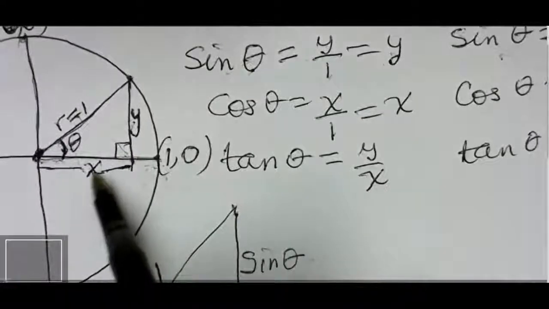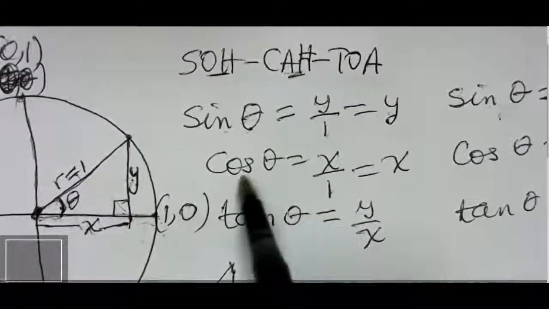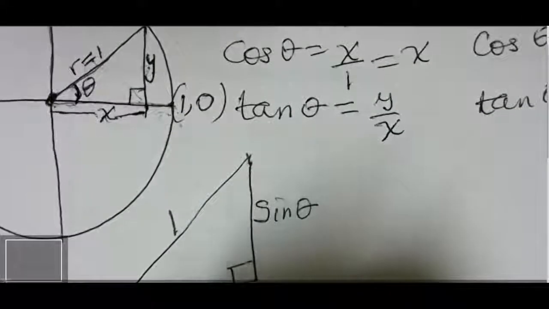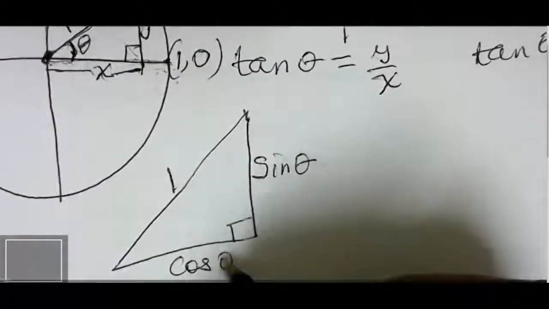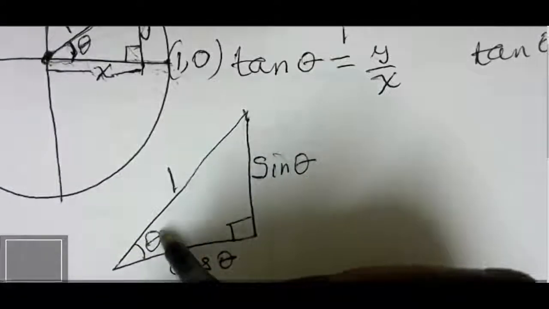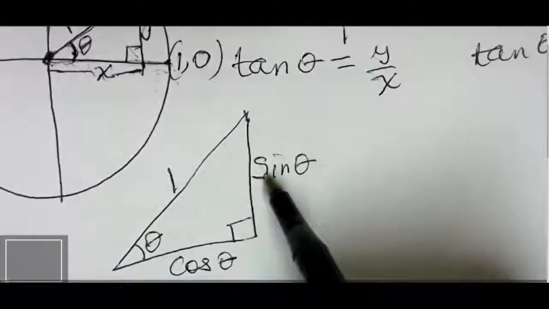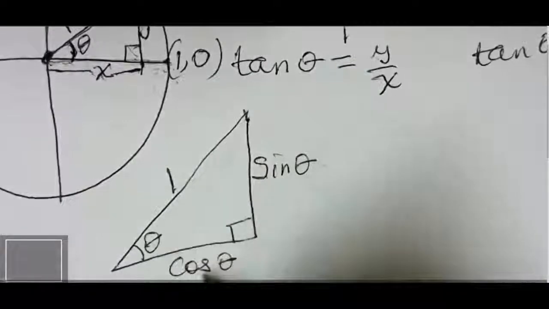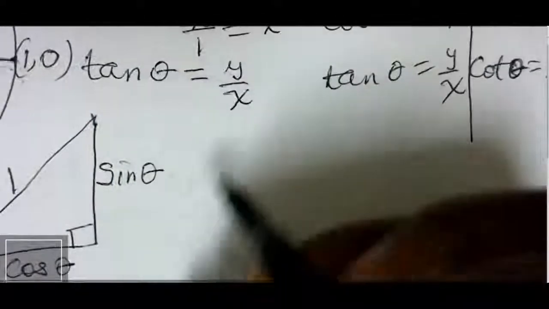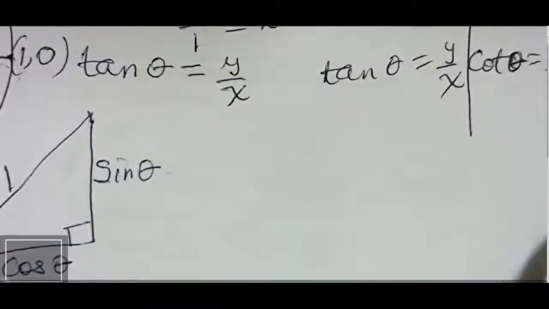And x is cosine theta, so we replace this side with cosine theta. And if you notice, with theta here, sine is the opposite side, cosine is the adjacent side. So we can then write some of these.